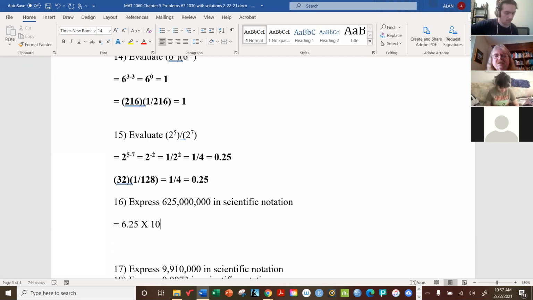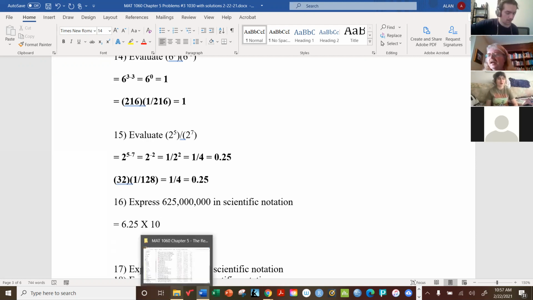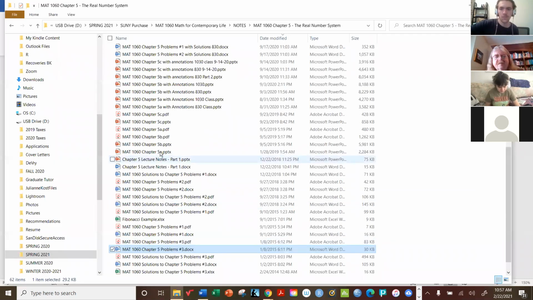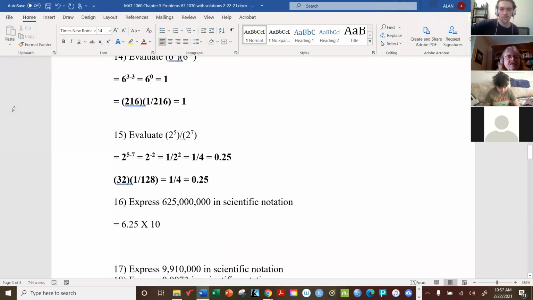Now the question is, what exponent are we looking at here? Well, there's a few things we can do, but one way, which actually works, is to do this. If you had 6.25, how many places would you have to shift to get it to 6.25?